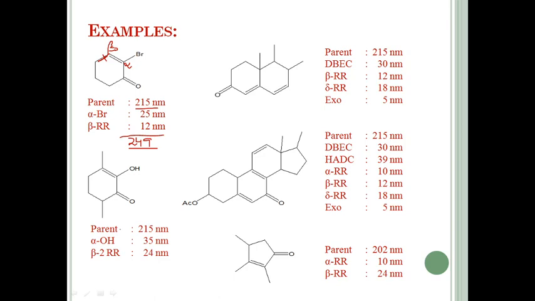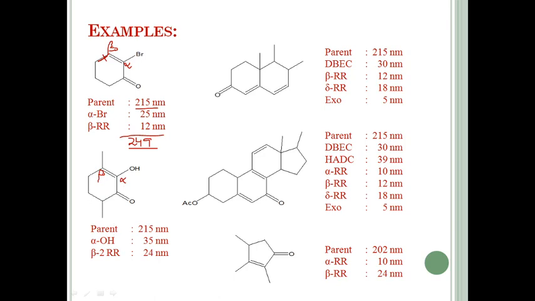Now let me see another example. Here also you are having a 6-membered cycle. So cyclic system 6-membered and it is an enone. 6-membered cyclic enone system is present. So the parent value will attribute the base value as 215 nanometers. Now let me give the alpha position as well as beta position.